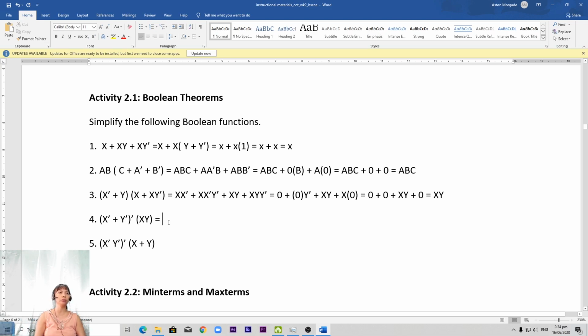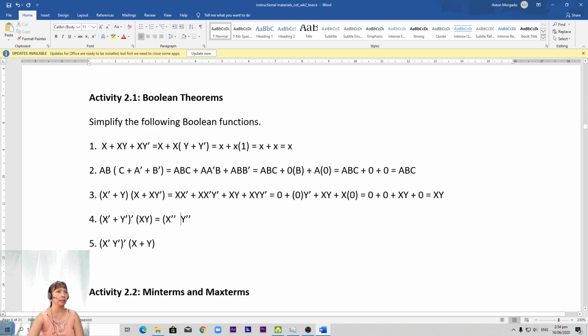First, you have to put the prime inside, using De Morgan's principle. Take note, x is already prime, so let's put another prime, and we now have double prime. And then y prime, another prime because it's already prime prior, so y prime gets another prime here.